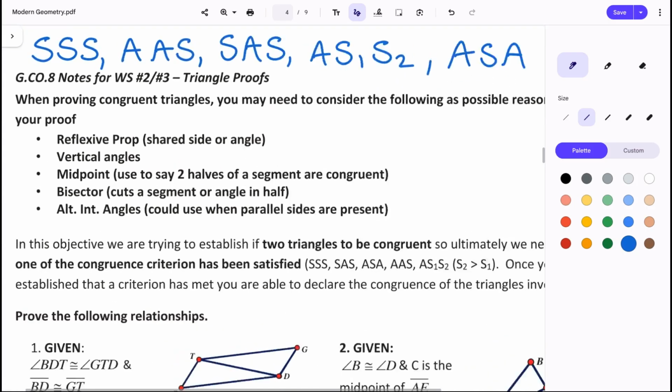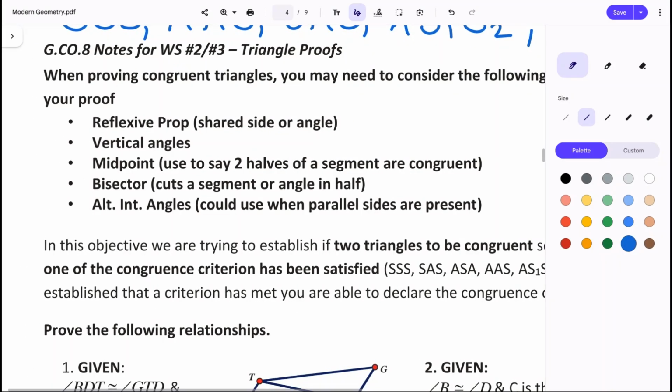Reflexive property can apply to an angle or to a side. Let's just think back when you guys learned about the reflexive property, we gave you the example of like when you look in the mirror. When you look in the mirror, who do you see? Yourself. Okay, so think about your reflection. Anytime something is shared between the 2 triangles, like it overlaps, like a side is shared. Last week I gave you that example of like if you had a sandwich cut in the triangles, that side in the middle is shared between the 2.